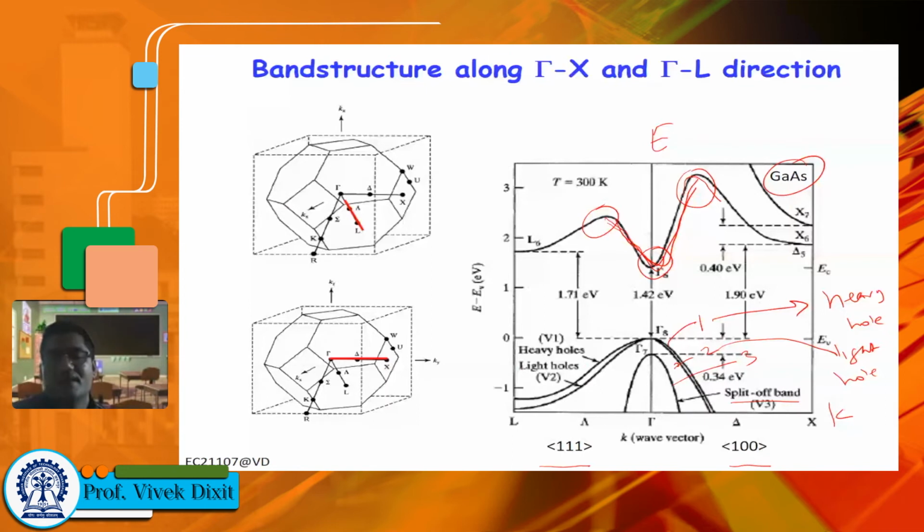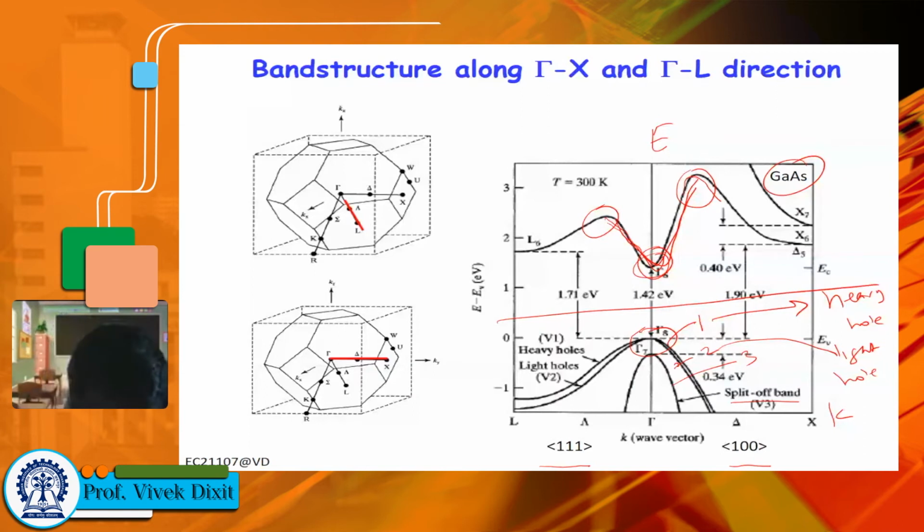The Fermi level is the energy level up to which these energies are filled. So if the Fermi level is somewhere, then only the nearest band edges are important, right? The concept of Fermi level we will discuss either in today's class or tomorrow's class. But for now, take the Fermi level as the energy level up to which states are filled, right?